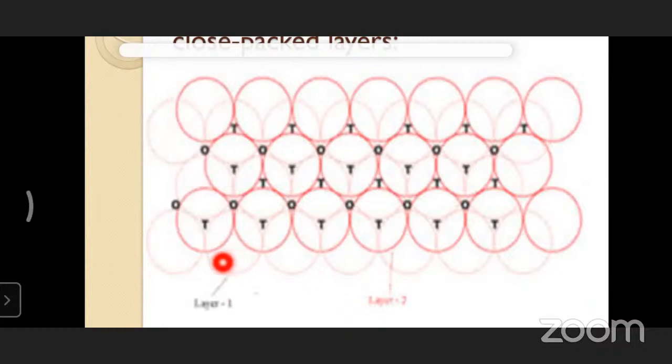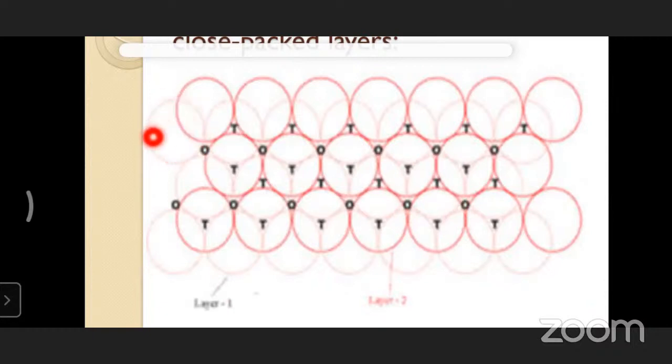This is the first layer. Upon it we keep another layer, the thicker lines, mentioned as layer 2. The thick red spheres are the second layer, and the light red spheres are the first layer.